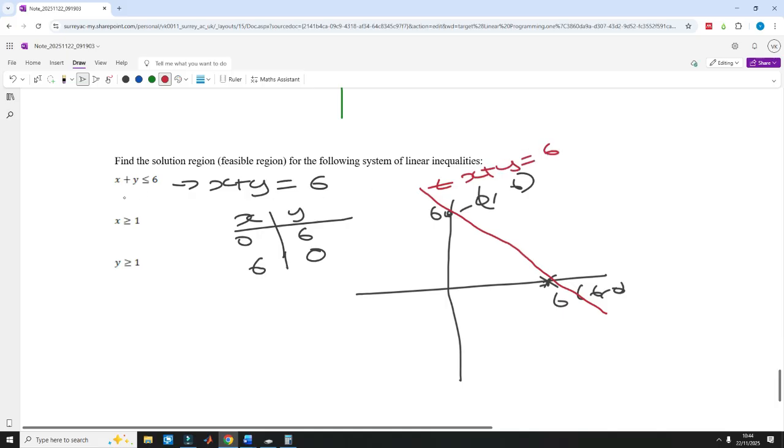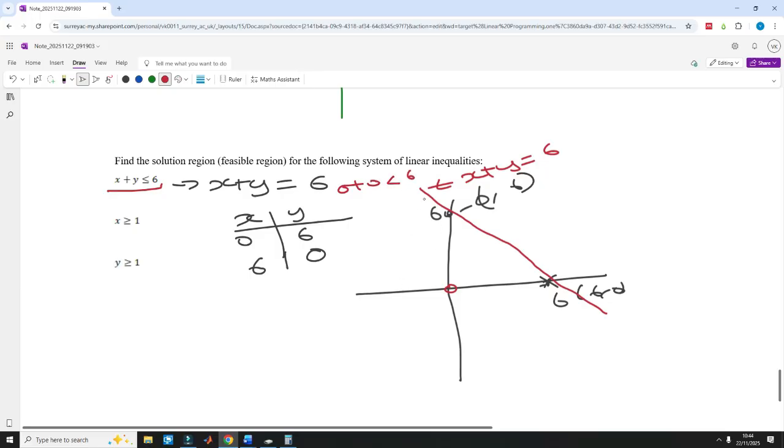So this corresponds to the equation of the straight line x plus y equal to 6. Now we need to find the plane that corresponds to this linear inequality, x plus y less than or equal to 6. Which side of this line? On the top or in the bottom? Let me pick one point below this line, say x is equal to 0, y is equal to 0. So 0 plus 0, is it less than 6?